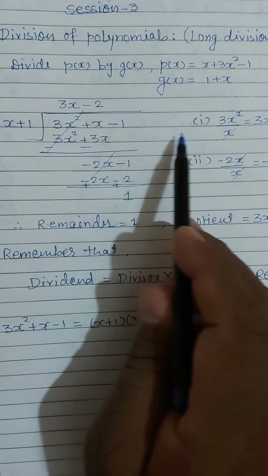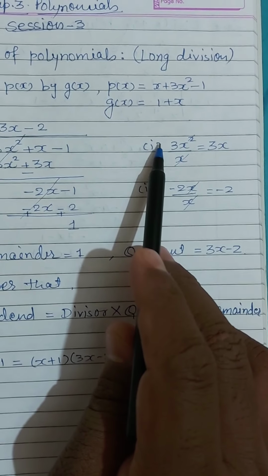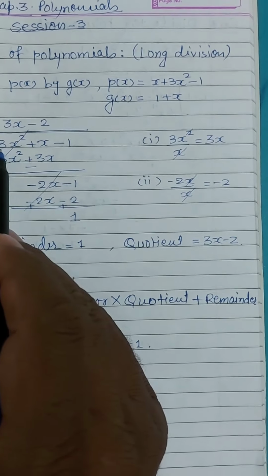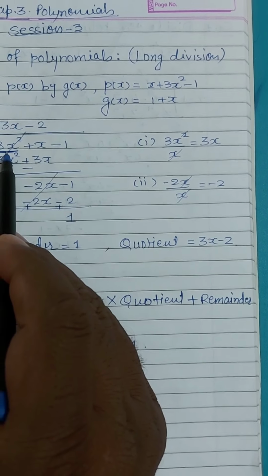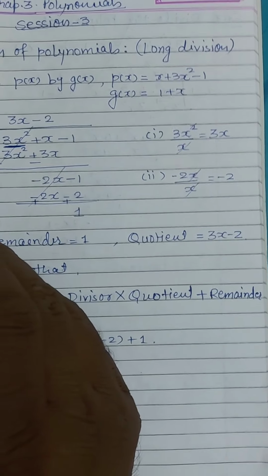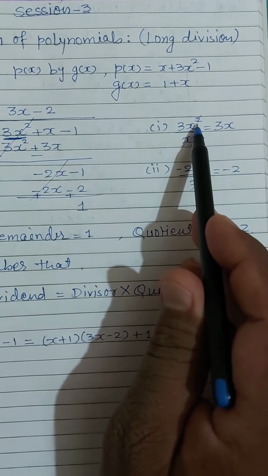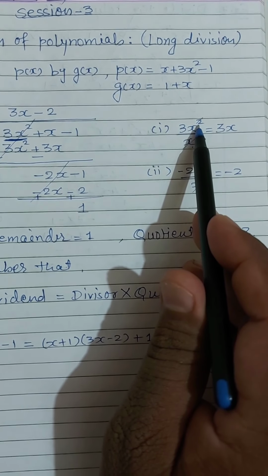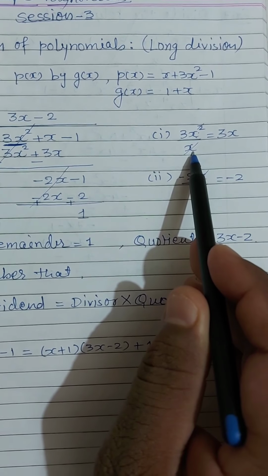Now when we start the long division method, the first step is to take the first term of the dividend polynomial, 3x square, and the first term of the divisor polynomial, x. We have to divide the first term of the dividend polynomial by the first term of the divisor polynomial.